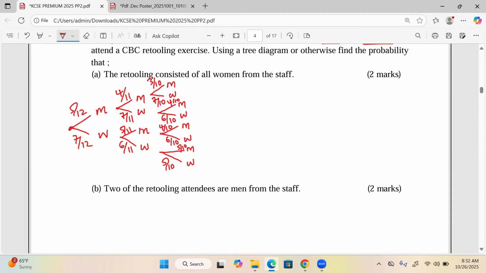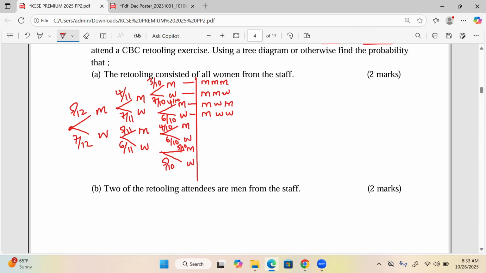Allow me now, at the end of the brackets, to outline all the possibilities. The one ending with this M is man, man, man. The next, ending with this W, starts with man, man, then woman. The one ending with M here is man, woman, man. The one ending with W here is man, woman, woman.